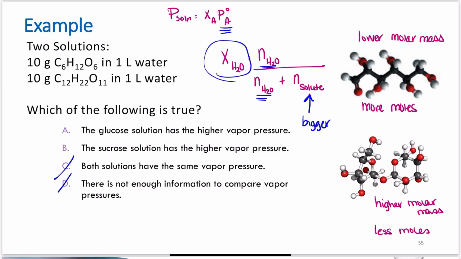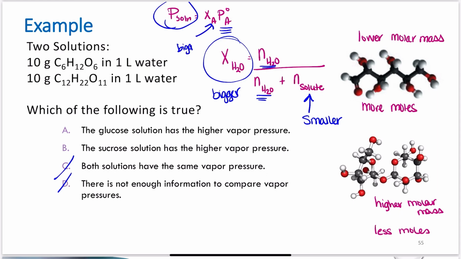The bigger that number is, the smaller my mole fraction becomes, right? What if this number is smaller? The bigger this becomes. What causes this to increase? A bigger value here. How do I get a bigger value there? A smaller value here. So a lot of algebra going into this thought process, but this is how my brain works it out. How do I get a smaller number of moles here? Something with a higher mass.